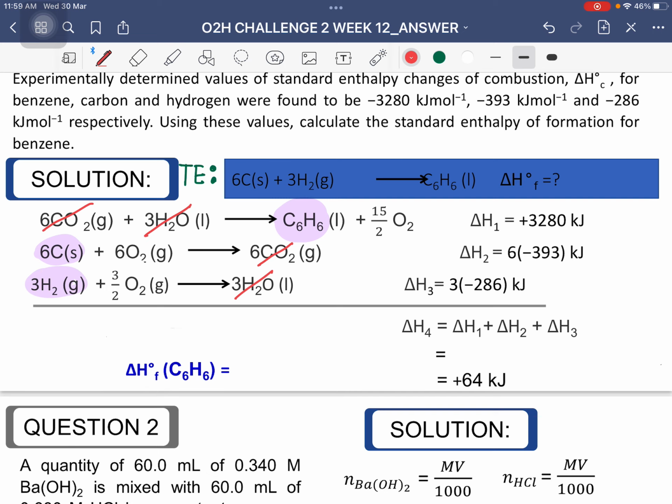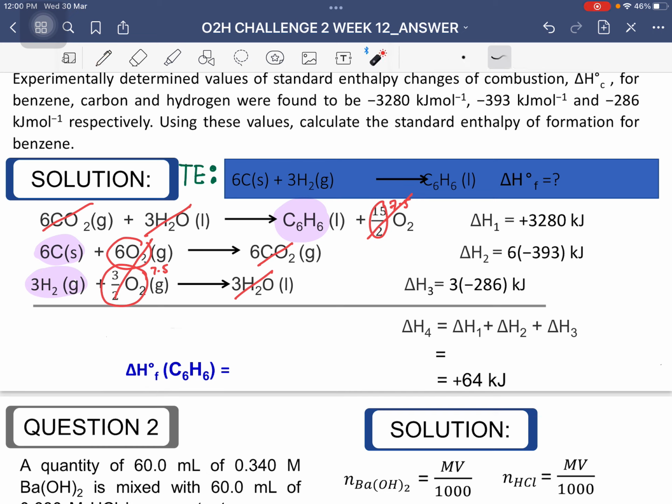Next, 6 oxygen on the left side plus 3/2, which is 7.5, so 15/2 is 7.5 oxygen. So 7.5 oxygen on the left side cancels with 7.5 oxygen on the right side.